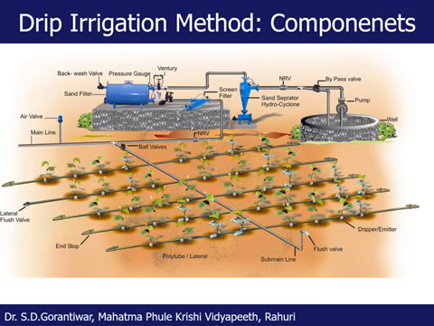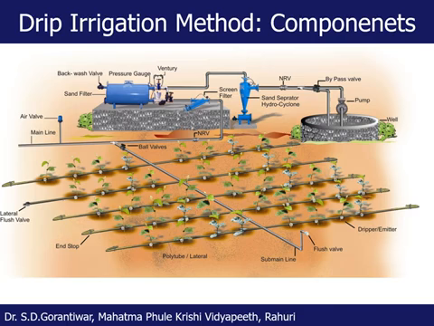It is quite possible, or at the same time we may have a different number of emitters for the different subunits, so we may need different discharge to operate the different subunits. For that, if there is any excess water, we need to bypass that water again into the water source, because we don't want to allow the excess water to enter into the system and cause any wastage of water.